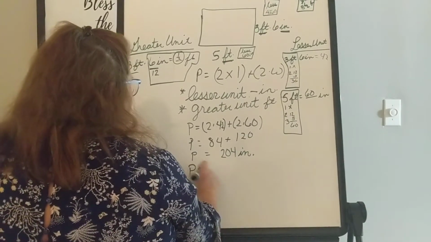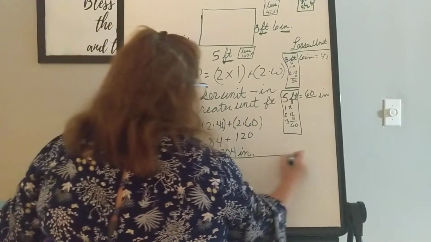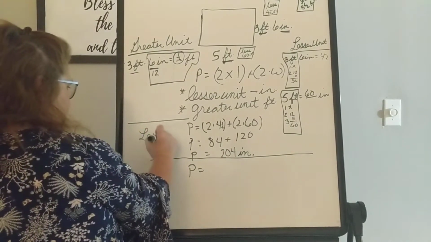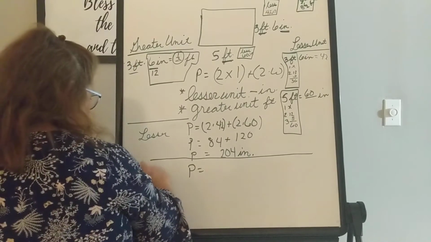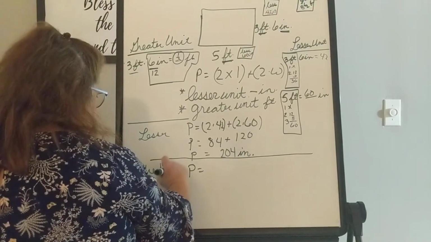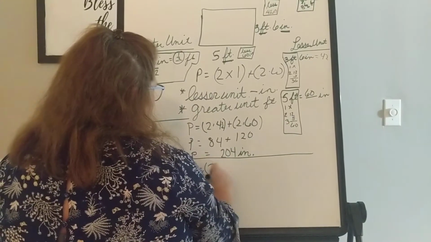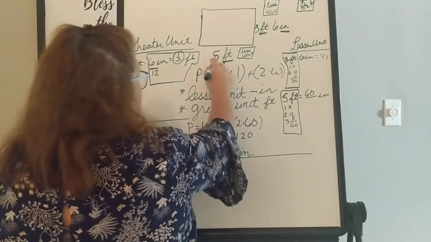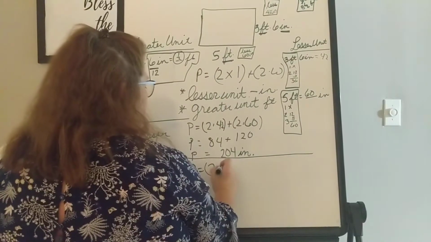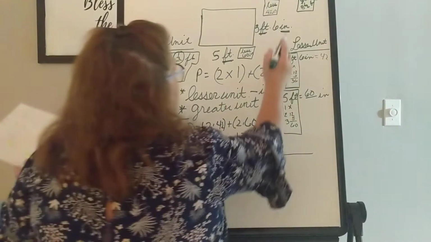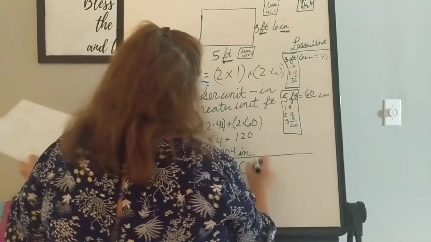So perimeter equals, you might want to, on the side right here, beside this one, draw your line and write lesser. Right here, maybe write greater. Okay, perimeter equals 2, so we're using feet now, 2 times, this is already feet, so we're good. 2 times 5 plus 2 times, our greater unit was 3.5.